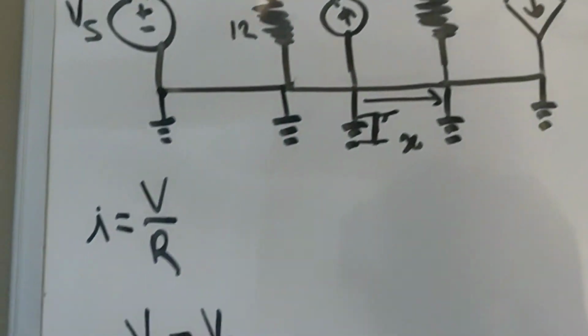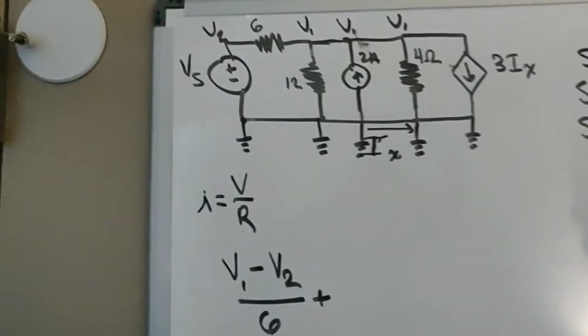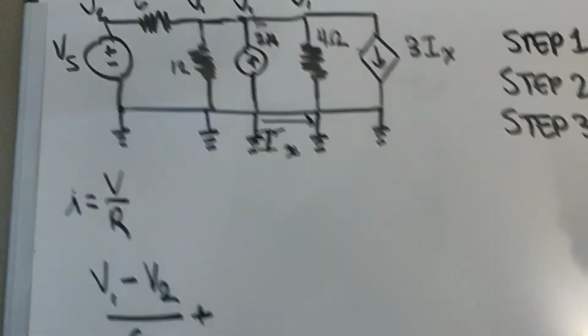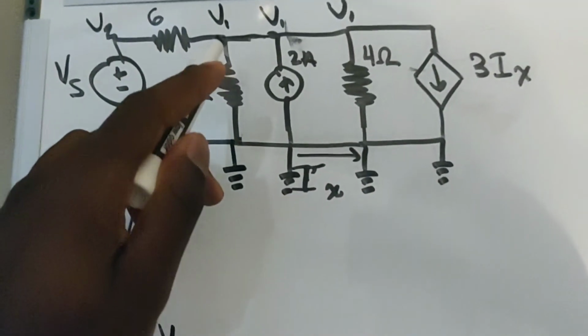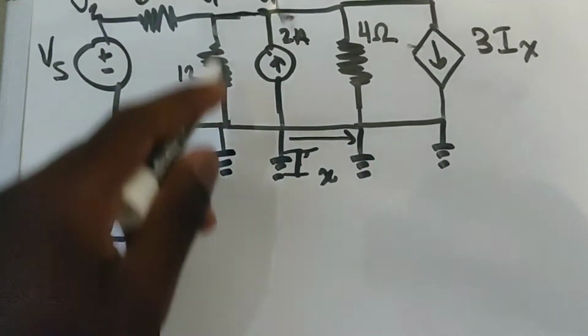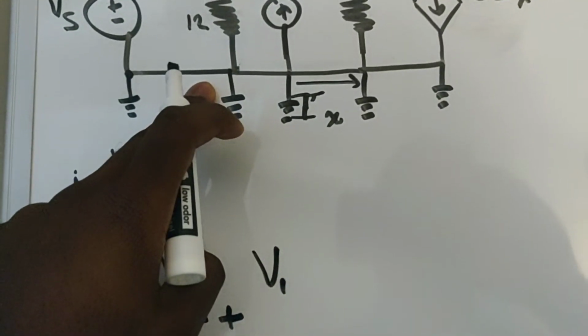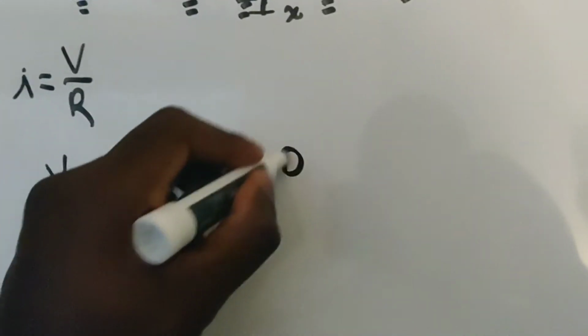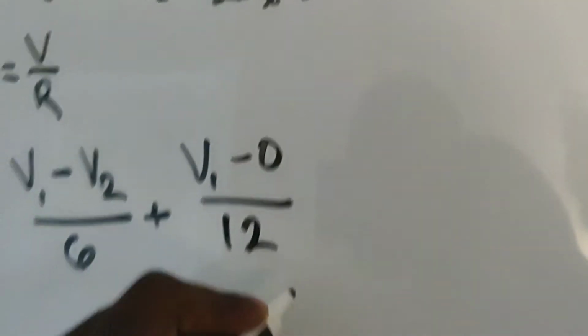But remember that we're writing KCL equations. Technically the correct way to write this equation is the voltage here minus the voltage here divided by the resistance in this branch. And that's going to be V1 minus, we have a ground here, so that's minus 0, divided by 12 ohms.